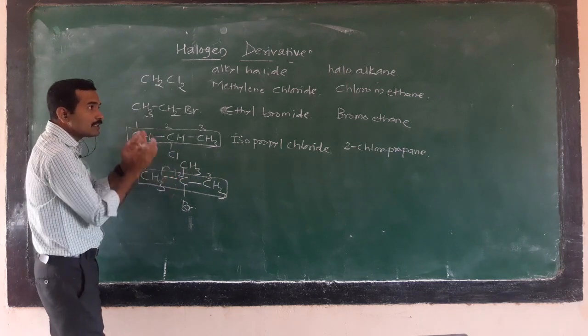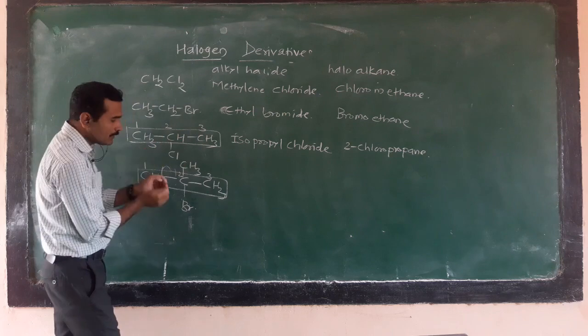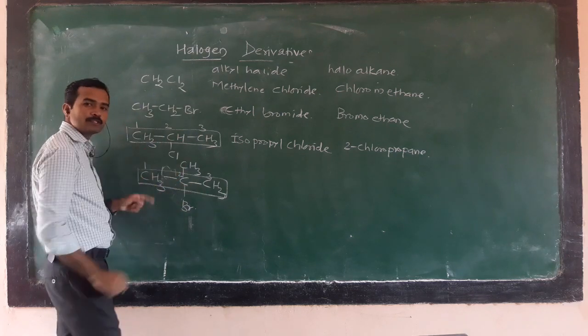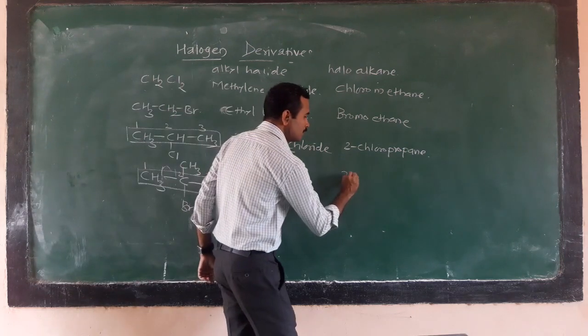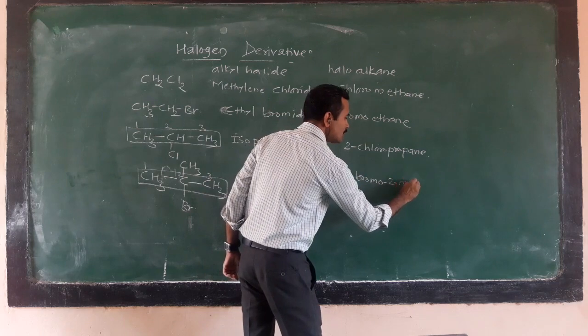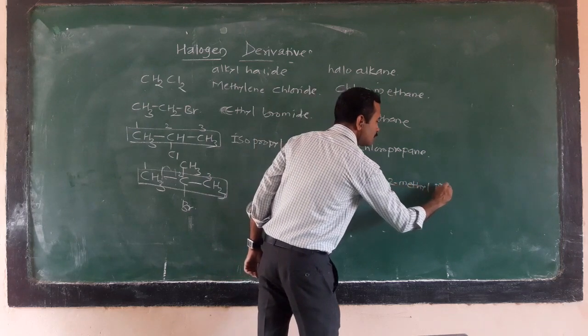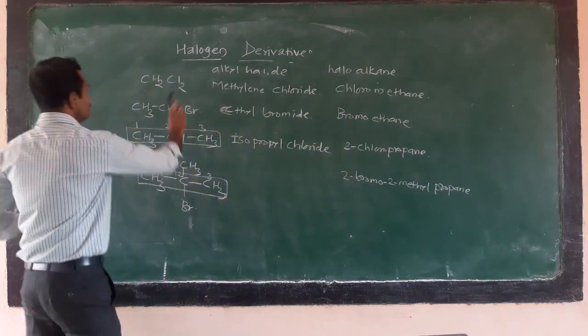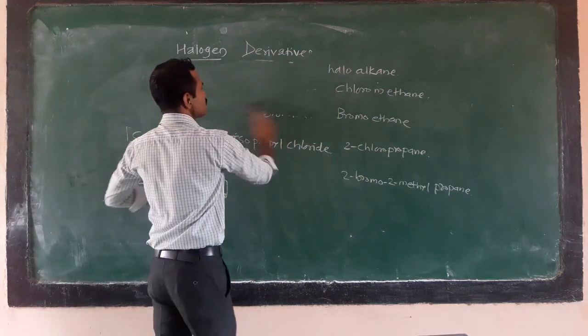So we write haloalkane; first of all, we write bromo. So the IUPAC name becomes 2-bromo-2-methyl propane. Okay.